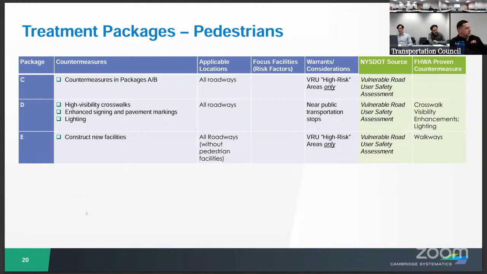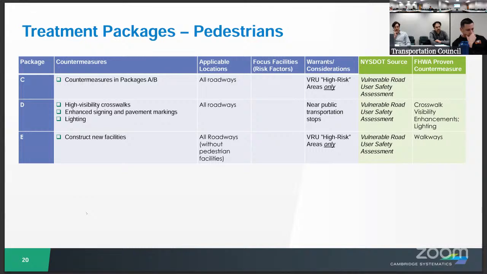Lastly, the vulnerable road user safety assessment does give additional eligibility for countermeasures that are in vulnerable road user high risk areas. I know we had some in Albany and Schenectady, at least they're part of the plan. We will share the map with that. The plan itself wasn't that detailed. The recommendation was verbal; it said to construct bike path countermeasures in high risk areas.